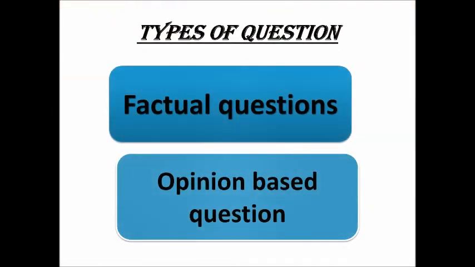This method is used to collect factual information. In this method, a list of questions is provided to the respondents by personal or by mail. They have to read it and answer it on their own. In a questionnaire, there can be two types of questions: factual questions or opinion based questions.